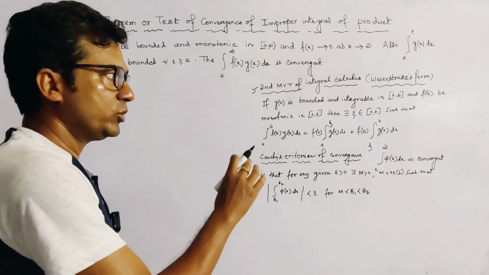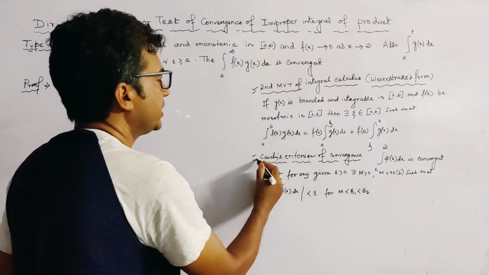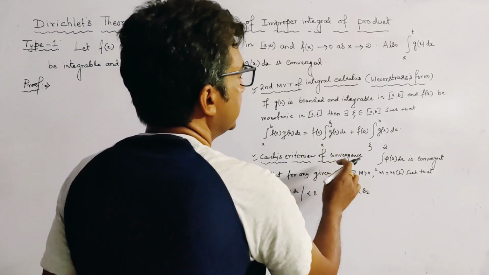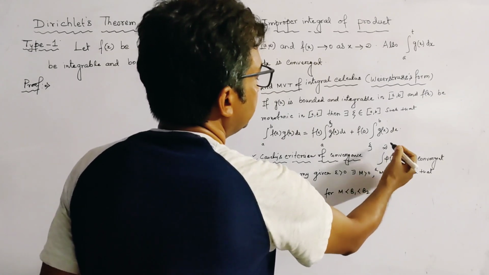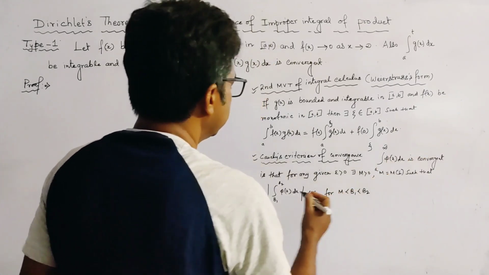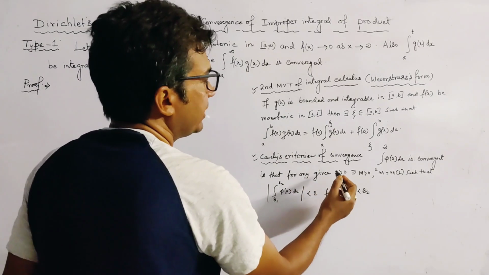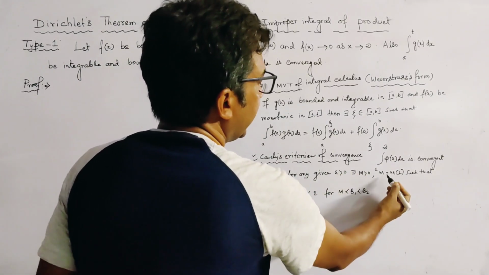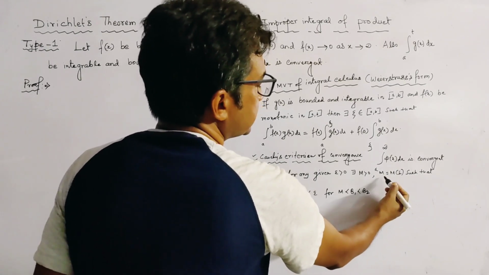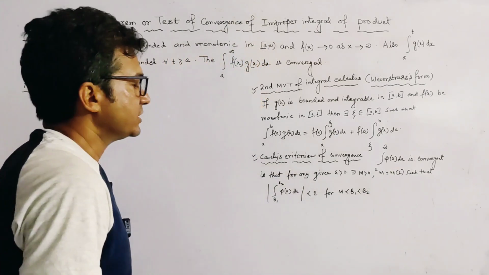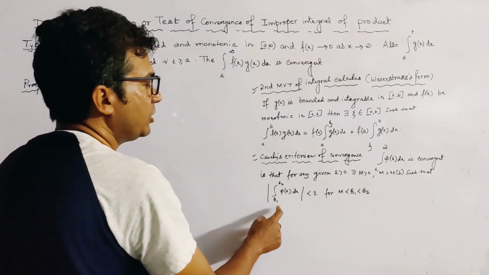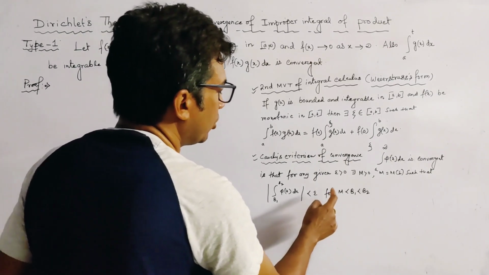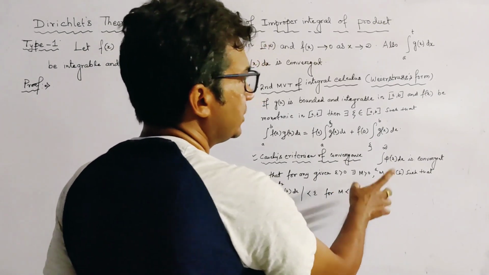The second theorem we use here, also very important, is Cauchy's criterion of convergence. It says that integration a to infinity phi(x) dx is convergent if and only if for any given epsilon greater than 0 there exists M greater than 0, where M depends on epsilon, that is M equals M(epsilon), such that the modulus of integration b1 to b2 phi(x) dx is less than epsilon for M less than b1 less than b2.